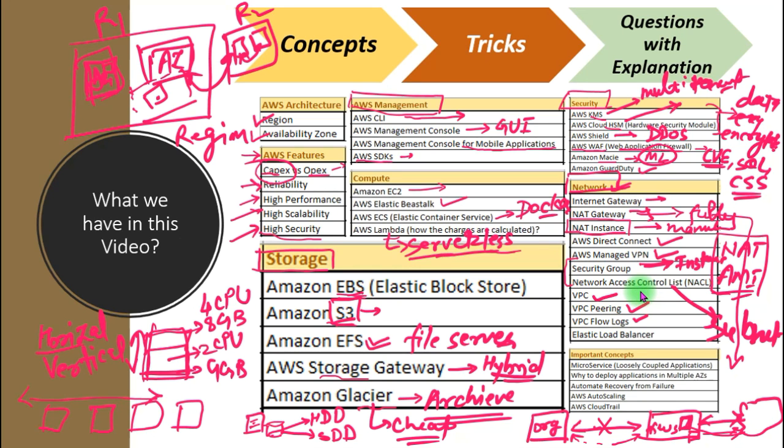Next service we have is Elastic Load Balancer. What exactly is it? A load balancer is something which we keep in front of our backend servers. These backend servers can be your web servers. Suppose here we have 3 web servers, so we keep one load balancer here. Whenever any client wants to communicate with these web servers, it will direct this traffic through the load balancer.